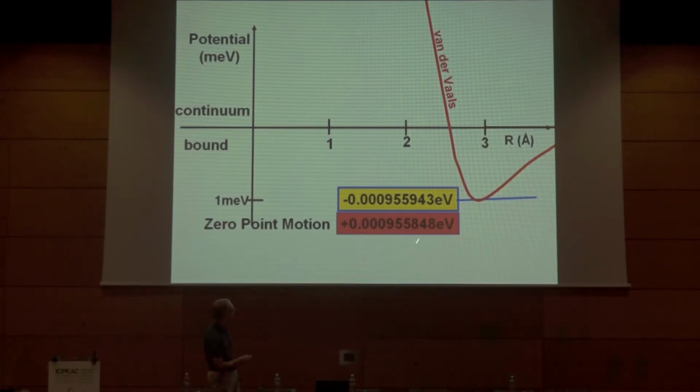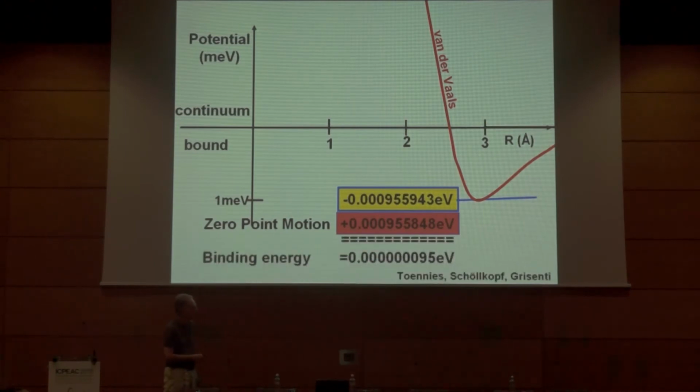So is this bound? Well, you have to look at the last digit to see if the difference between the depth of the potential and the zero-point motion, which takes it up here, is positive or negative. And if you see the numbers, you won't be surprised to hear that there is a 30-year-long dispute about which of these numbers is actually bigger. You need a very high accuracy in the calculation of that potential to answer that question.